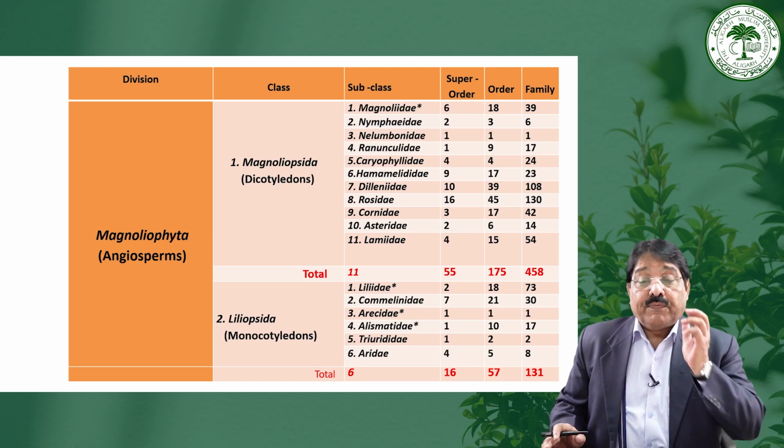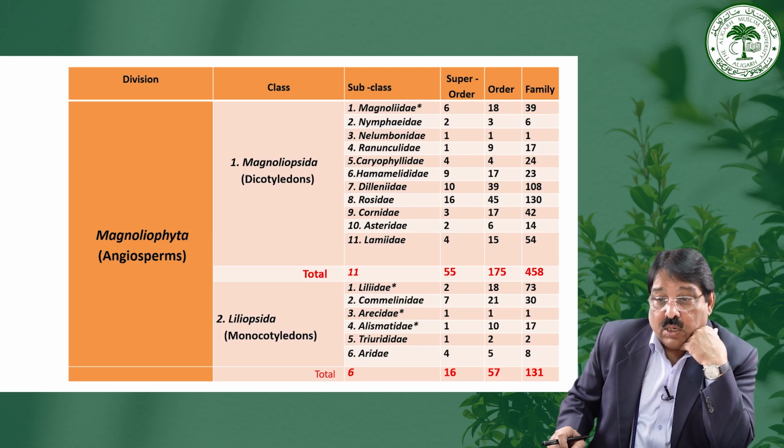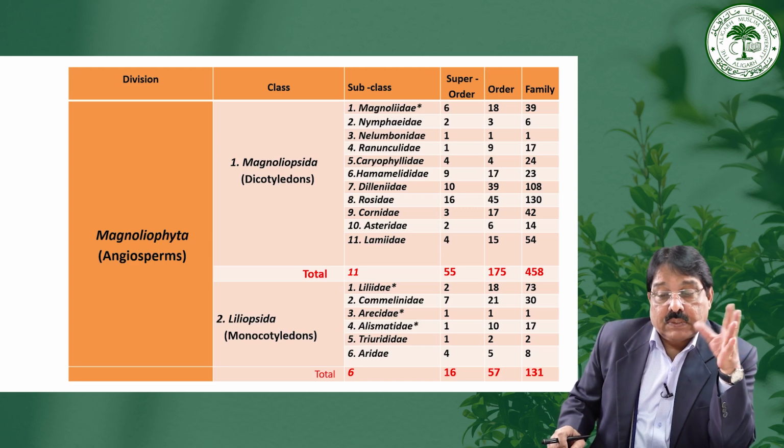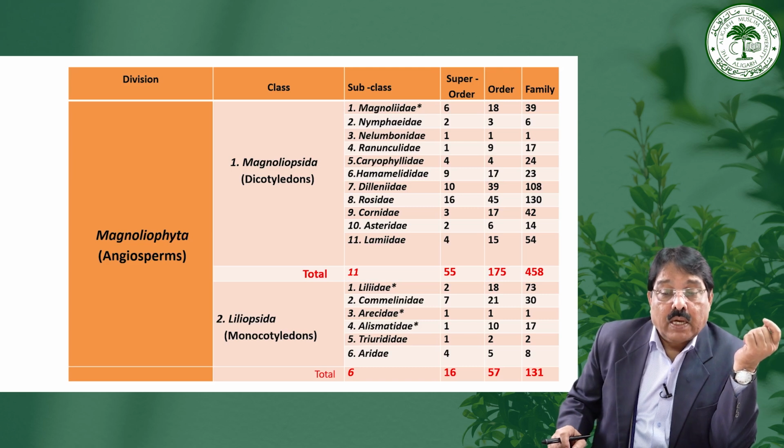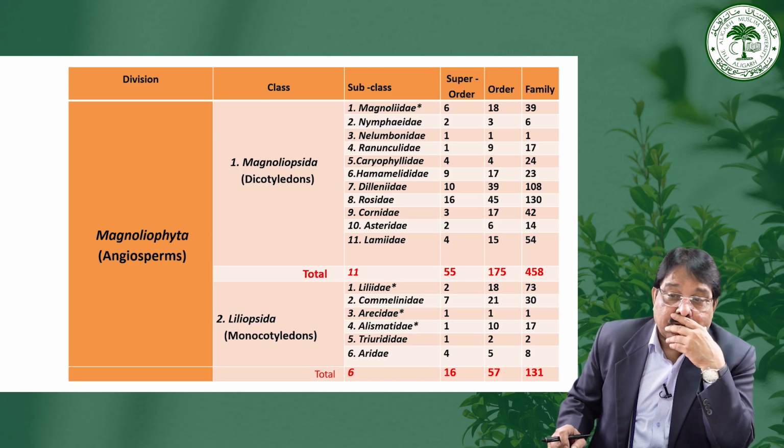And there are 57 orders, covered with the 16 superorders and the 131 families. So hence there are 589 families in the Takhtajan system of classification.